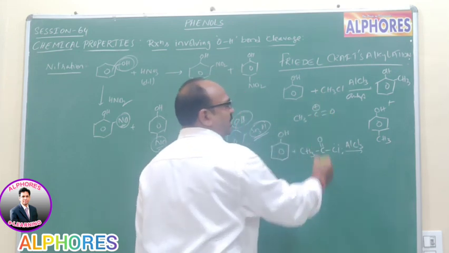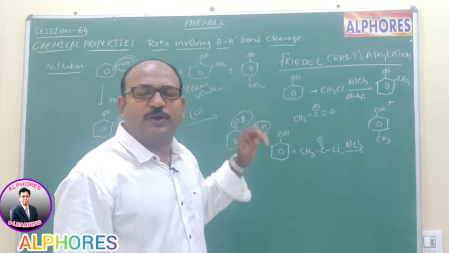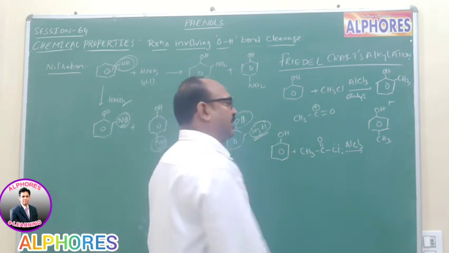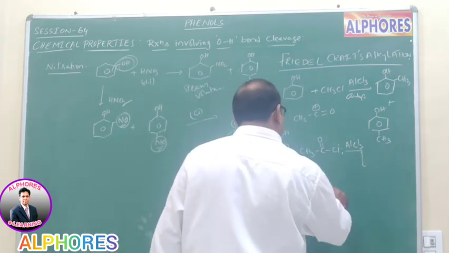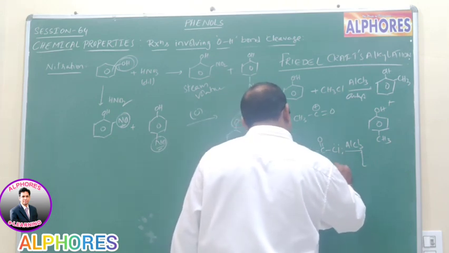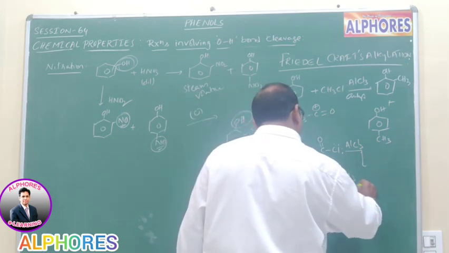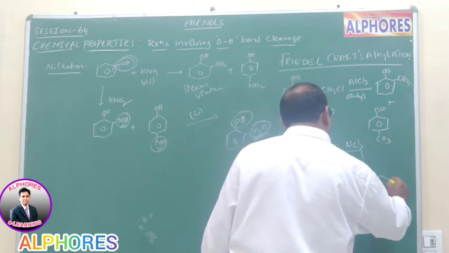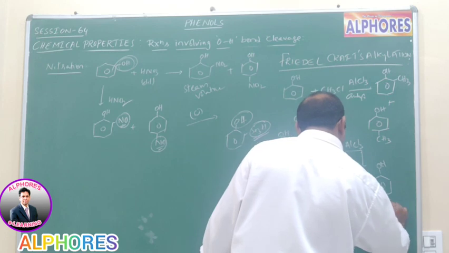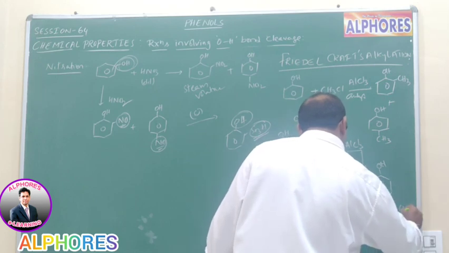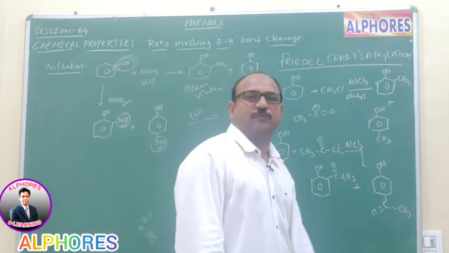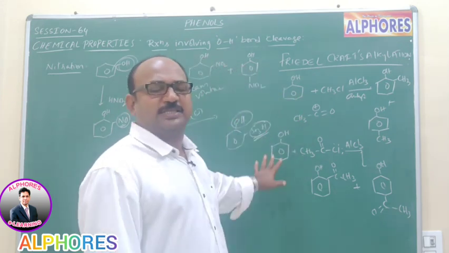This acylium carbocation acts as an electrophile, and this electrophile attacks at the ortho or para position. Then we get two products, OH with C=OCH3 at the ortho position, and along with this ortho product, we get the para product also, OH with C=OCH3. So these are acetophenone derivatives, 2-hydroxyacetophenone and 4-hydroxyacetophenone. This is Friedel-Crafts acylation.